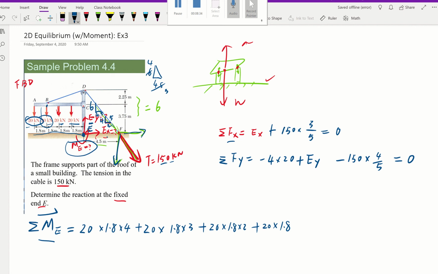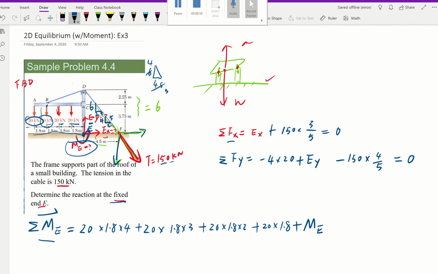We'll consider all the forces and all the moments in this moment equilibrium equation. However, this ME is what you are solving. It's part of the reactions. Since we already drew it counterclockwise in our FBD, we assume that's the direction, so it's going to be positive, counterclockwise as positive.